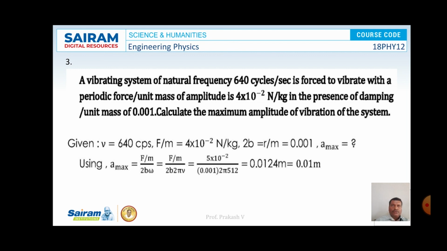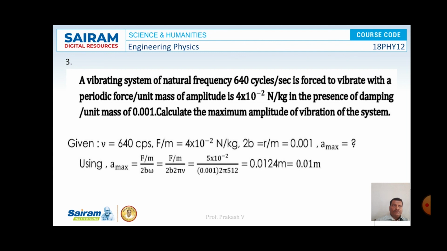The third problem is a vibrating system of natural frequency 640 cycles per second, forced to vibrate with a periodic force per unit mass of amplitude 4 into 10 to the power minus 2 Newton per kg in the presence of damping per unit mass of 0.001.